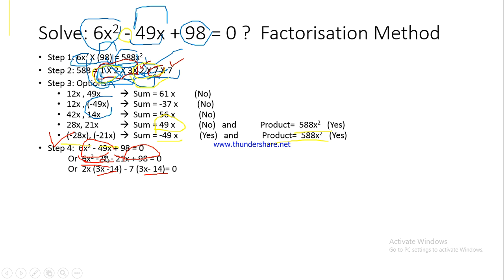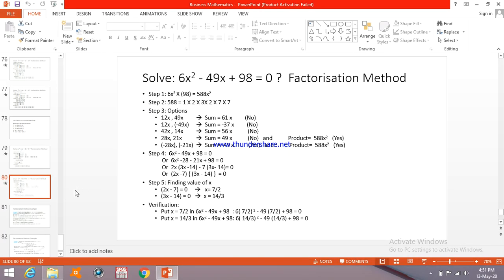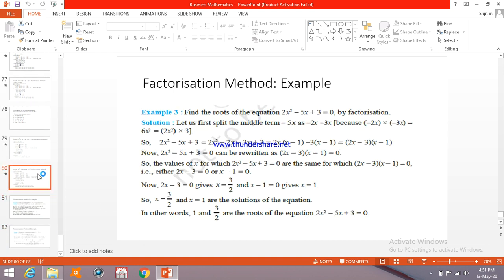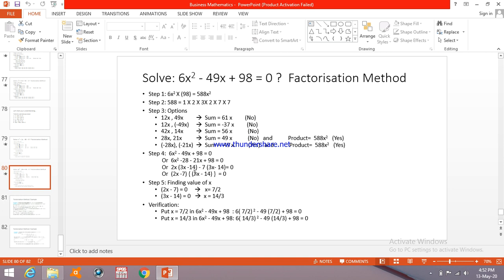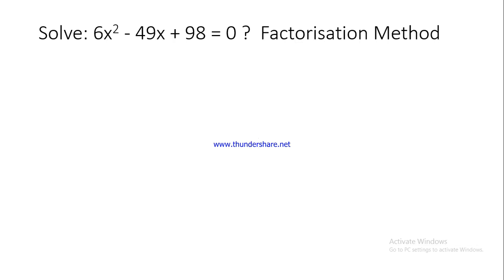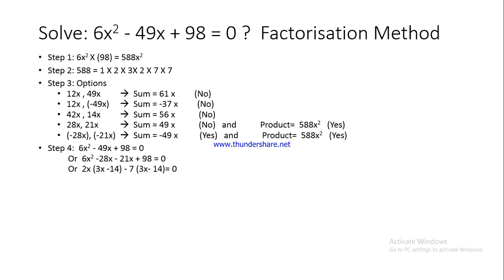It should be minus 28x here. Just a moment, let me make this correction here. It was basically minus 28x. So I've made this correction now. So we had reached this particular stage.